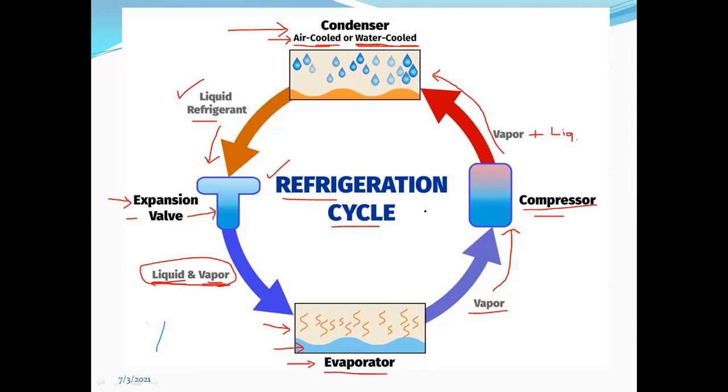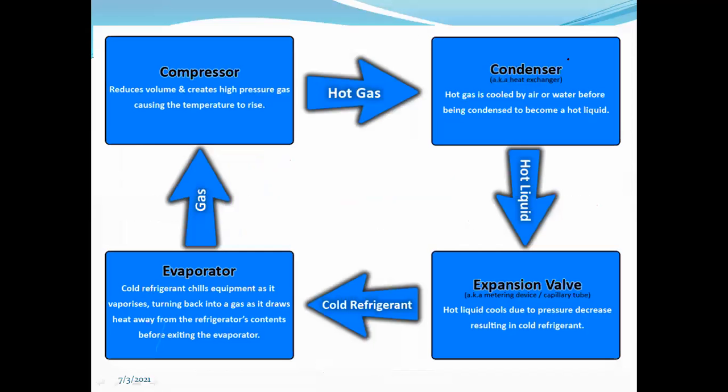So after that, this is also a flow chart regarding compressor, condenser, evaporator, expansion valve, that is again the refrigeration cycle. If we talk about the compressor, it reduces volume and creates high pressure gas, causing the temperature to rise.